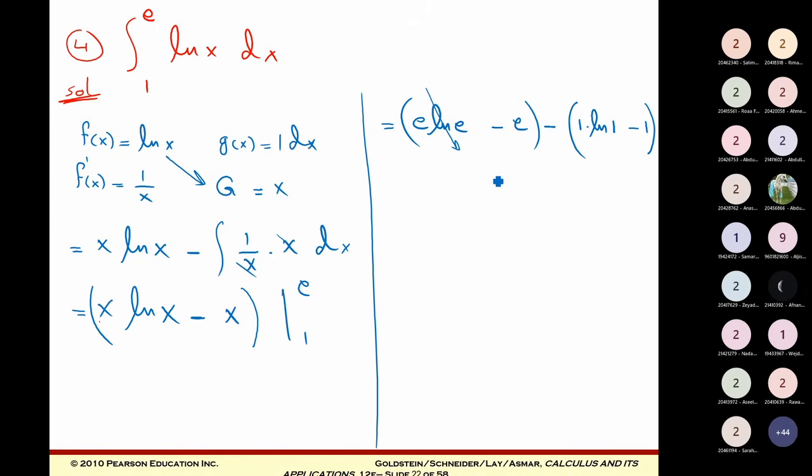The value of ln e is 1, the value of ln 1 is 0. So this is equal to e multiplied by 1, e, minus 0 minus 1 minus 1, so we have positive 1. Remove e with negative e, negative 1, positive 1. This is the value of the integral from 1 to e of ln x.